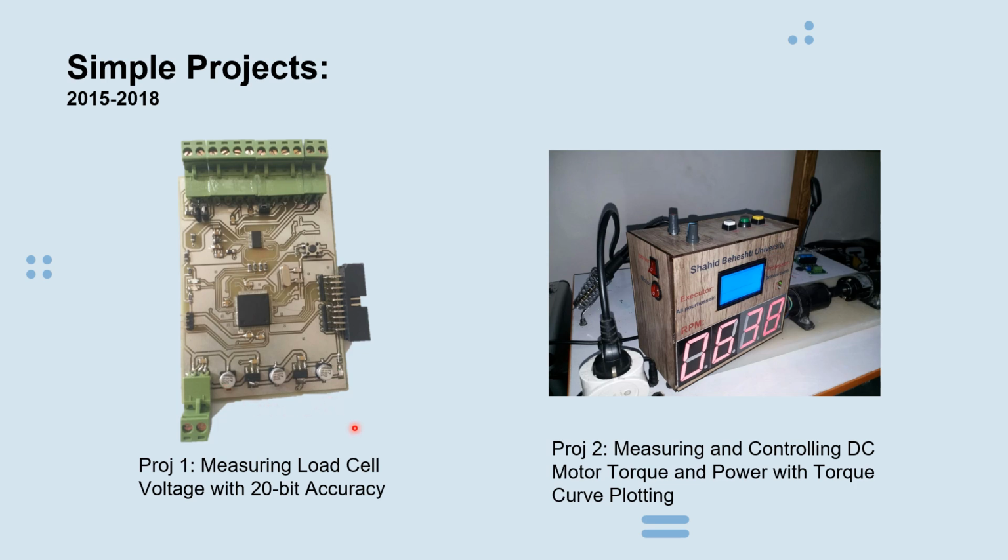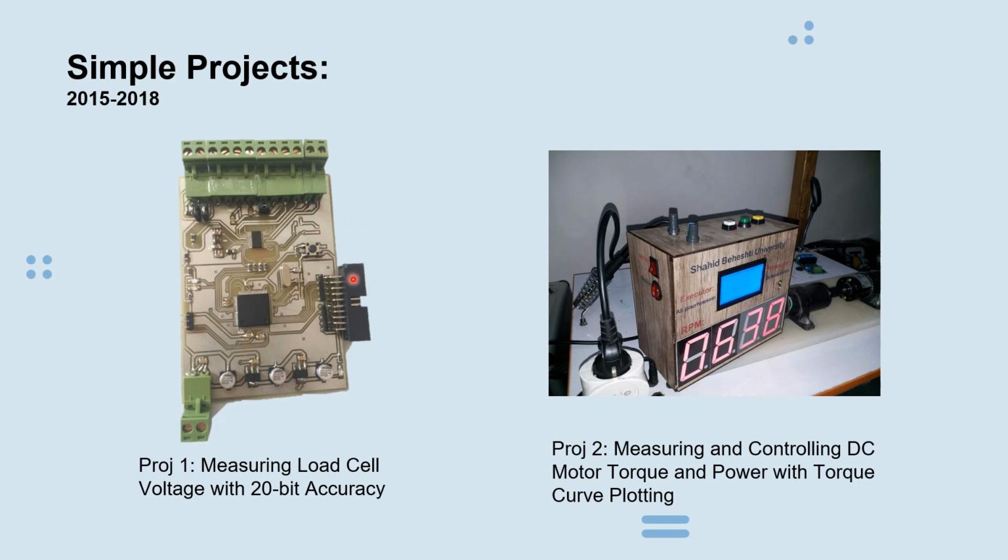I'm going to start with a simple project that I did around 10 years ago. The first project is measuring load cell voltage with 20-bit accuracy. This board is designed to accurately measure the weight of diamonds and gold.